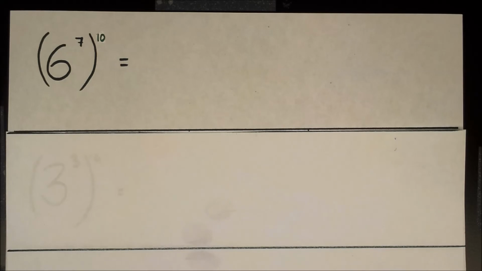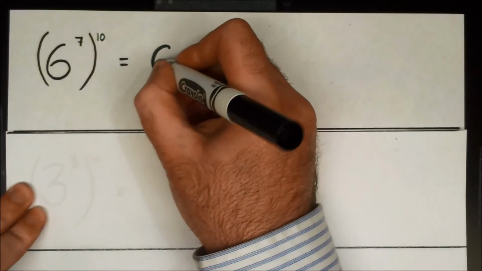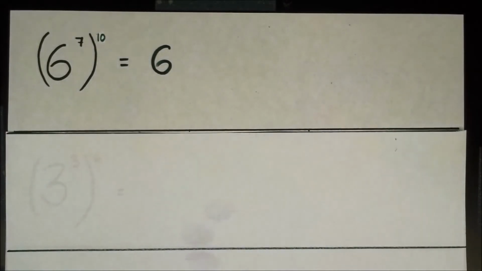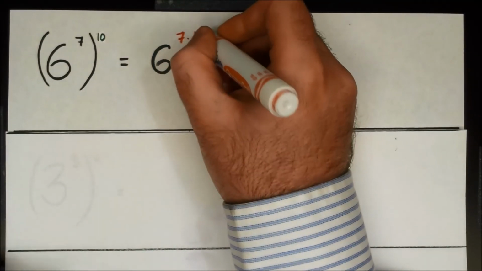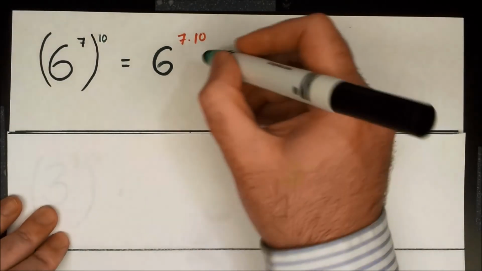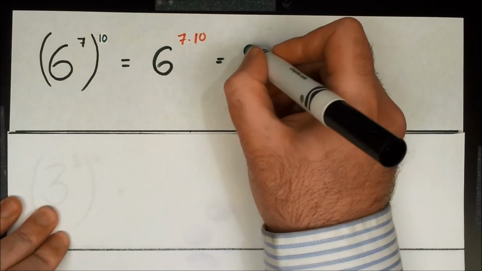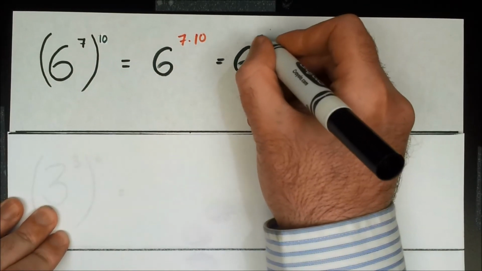And do you do anything to the base? You don't do anything to the base. And you multiply the 2 powers together. Which of course yields 7 times 10 is 70.